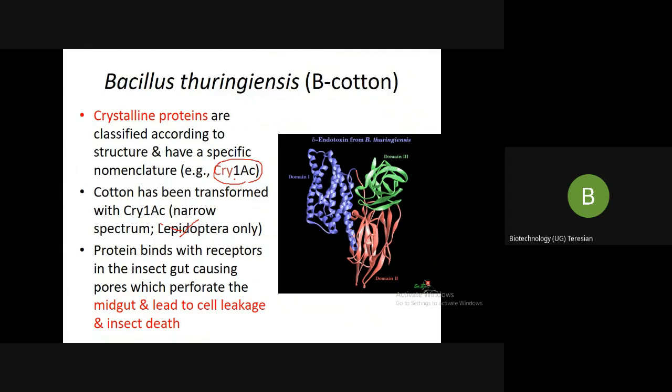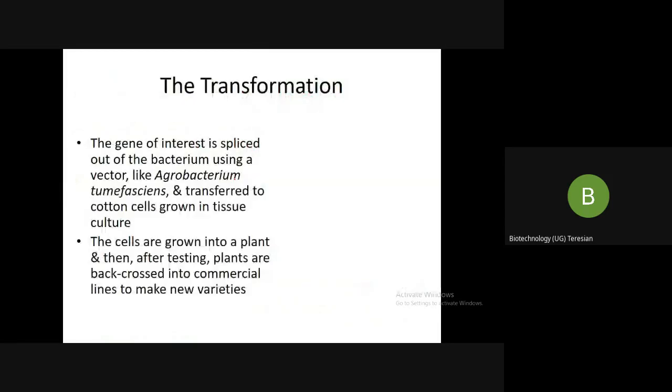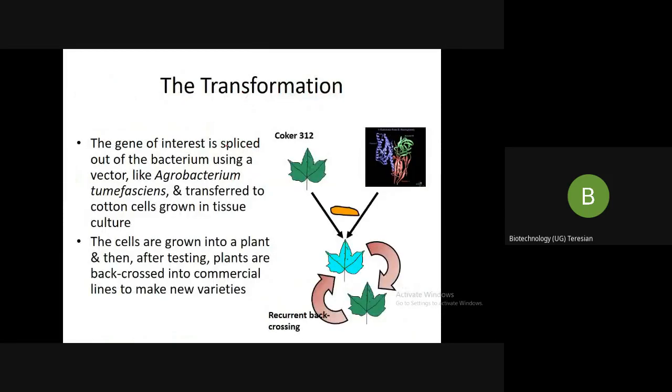Cry1AC is present in the Bacillus thuringiensis. These are transferred, and this is the toxin. These will be transferred to the agrobacterium. Which agrobacterium? Agrobacterium tumefaciens. And then this agrobacterium, which is carrying the Cry1 gene, is transmitted into your cotton plant.